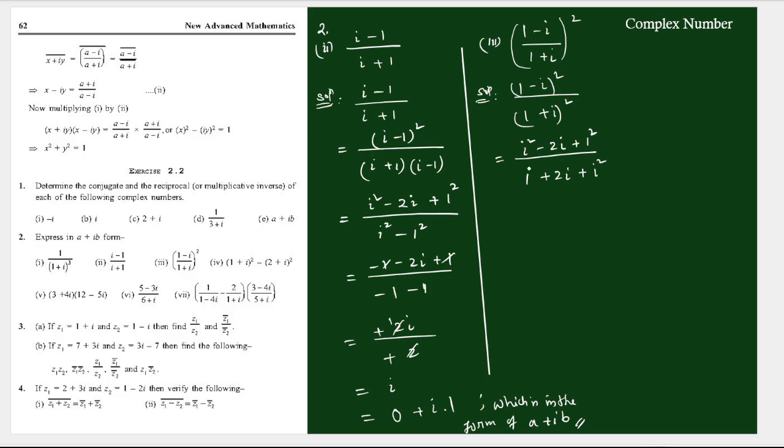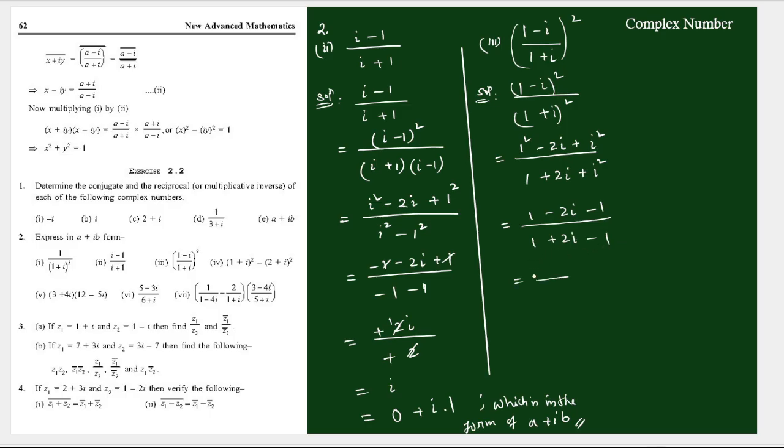So it will be 1 square i square. Then 1 minus 2i minus 1, 1 plus 2i minus 1. 0, 0.